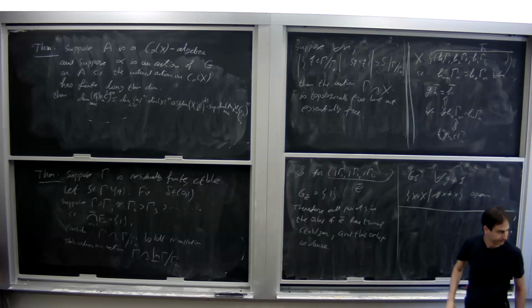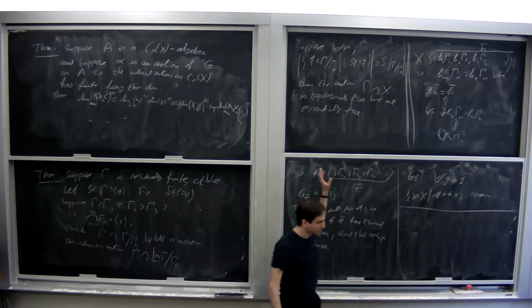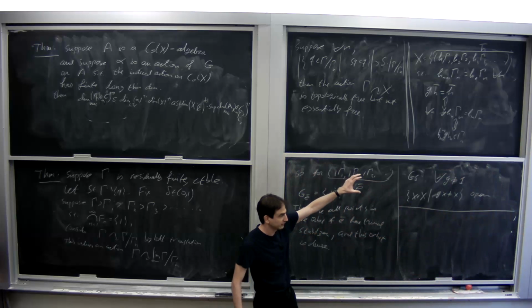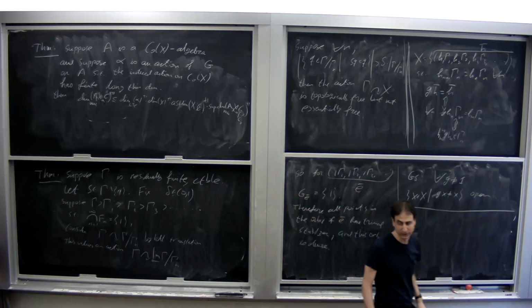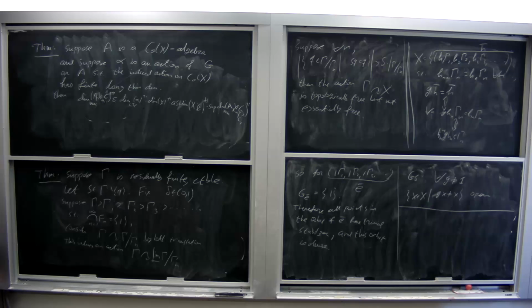It would be a decreasing intersection of sets, all of which have measure at least delta. So the intersection has measure at least delta. So it's not essentially free.